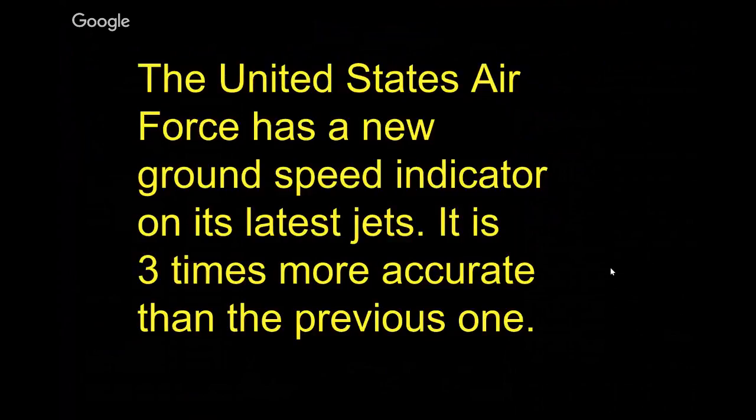Not too long ago, I guess, depends on what you call long ago, but before the Gulf War, the United States Air Force came up with an idea for a new ground speed indicator. Triple the accuracy for ground speed than the previous one. And you think back to the Gulf War, I remember watching it kind of live.